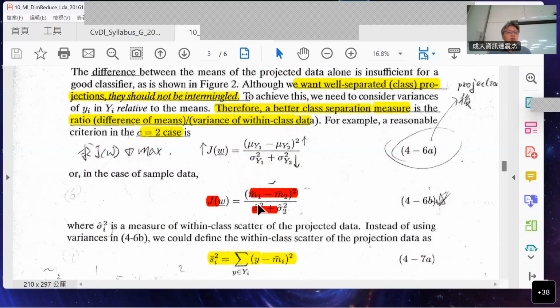So what's our purpose? We hope when you do the projection in the low dimension, there are two Gaussian distributions. Your purpose is to find a W. This W can let these two Gaussians have the distance between the two centers be maximum. So the distance between the two mean values will be bigger, and each standard deviation will be smaller.